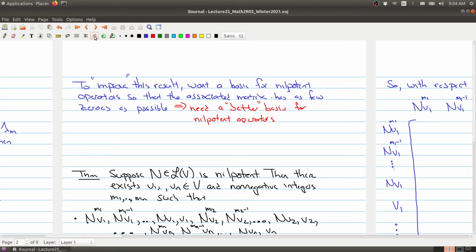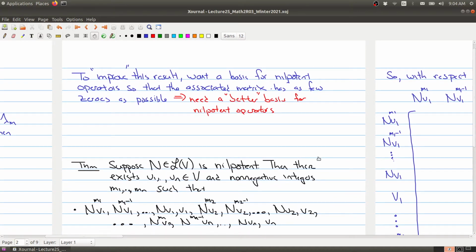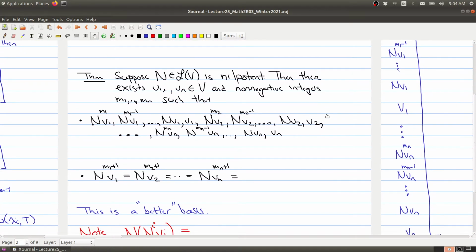I'm going to state it, and then in the next part of today's lecture, I'll explain why this is in some ways better. At first glance, it's a pretty complicated statement.